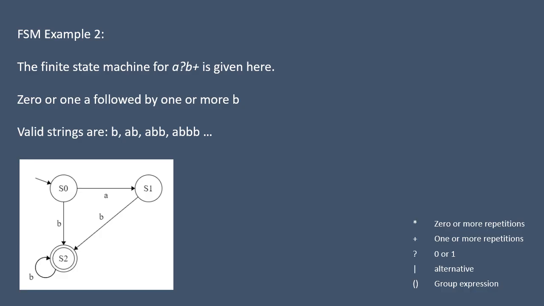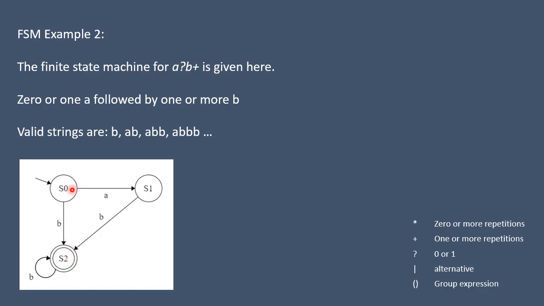And this is our corresponding finite state machine. Looking at this, we're starting at state 0. We can either have an A, so follow the route to state 1. So it's a choice whether we have an A or not at the beginning of our string. We could either go to state 1 or we could go directly to state 2.